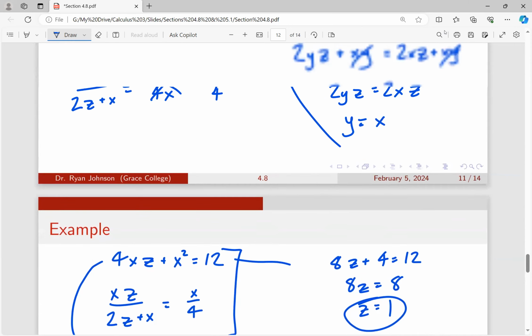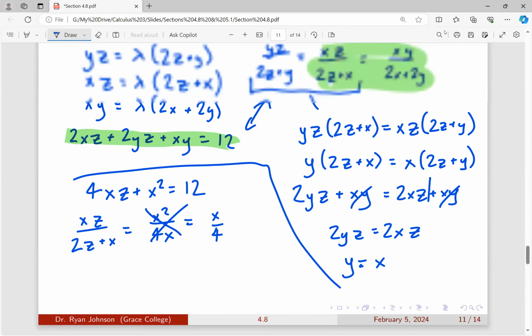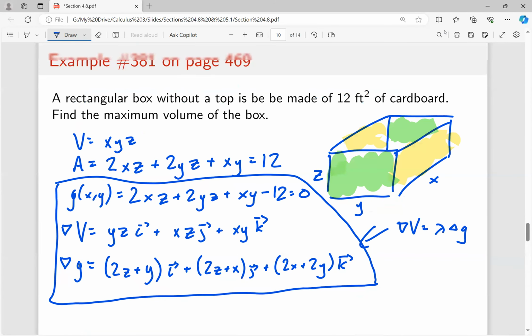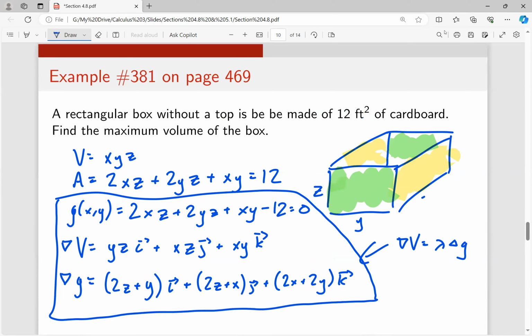Let's double check that that works. So going back to our picture of a box, if we had a 2 by 2 by 1, then we have 4 on the base, and then each side is 2 and 2 and 2 and 2, making 8. So 4 and 8 is 12.